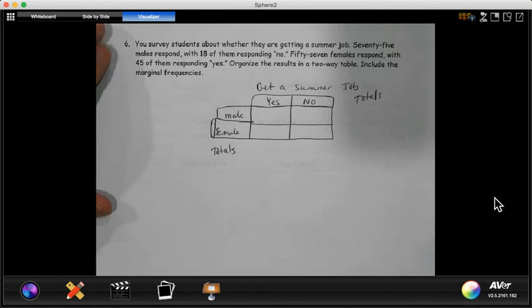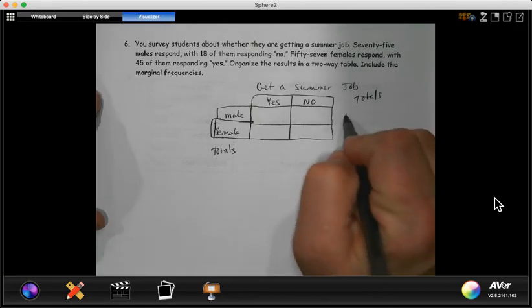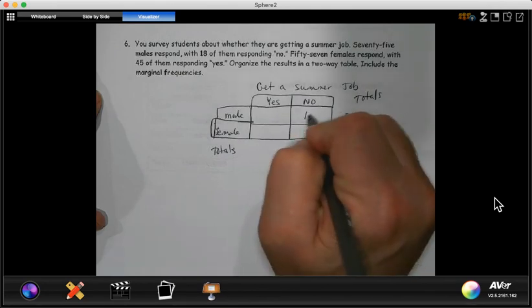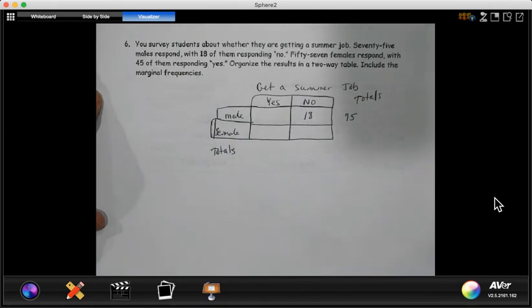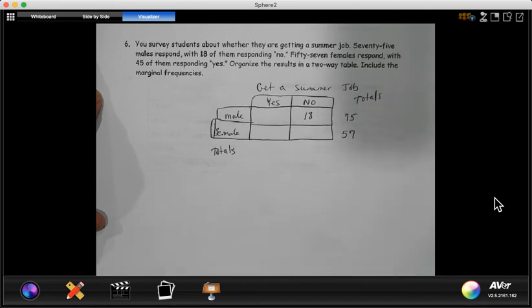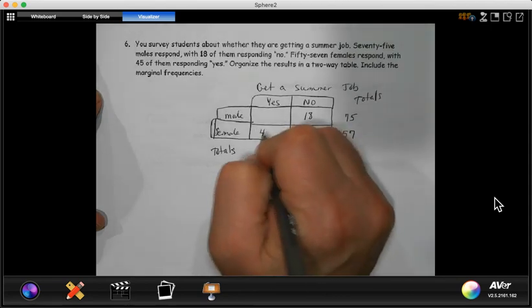All right, so you surveyed students about whether they're getting a summer job. 75 males responded. So of the males, there's 75. And 18 of them said no. So male, 18, no. 57 females responded, with 45 of them saying yes.